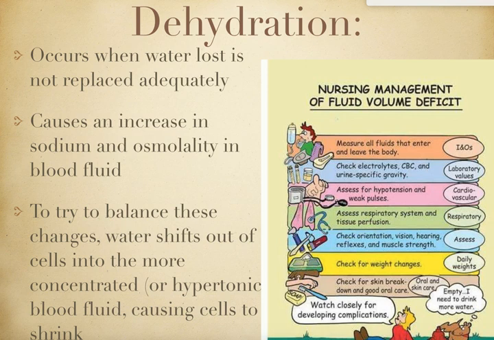Infants, older adults, confused clients, bedridden clients, those who are comatose, and people who are receiving highly concentrated tube feedings. For example, a hypertonic tube feeding. What causes dehydration? Prolonged fever, watery diarrhea, renal failure, hyperglycemia.